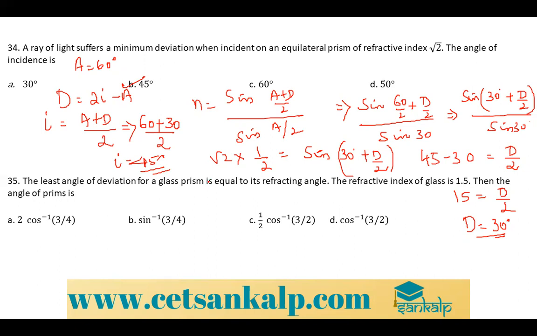The refractive index of the glass is 1.5. Then the angle of prism is what, they are asking. So according to them, capital D is equal to capital A. Correct. So n is equal to 1.5.